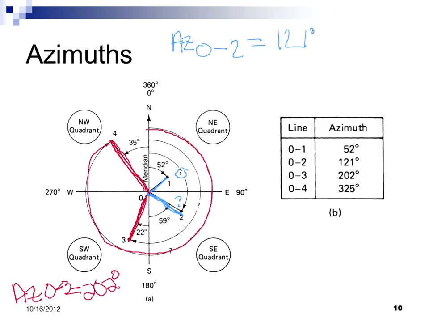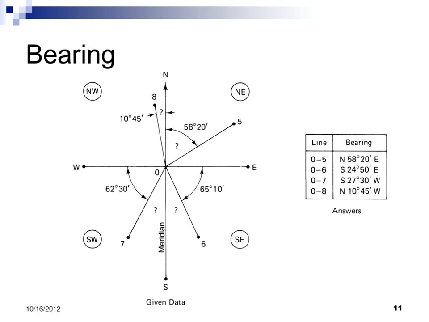So that's how we define our azimuths, and that's how we calculate them. And very often, much as we had to here with line 0 to 2, you have to be a little bit of a detective and really look at the information that you have and the information that you need to figure it out.